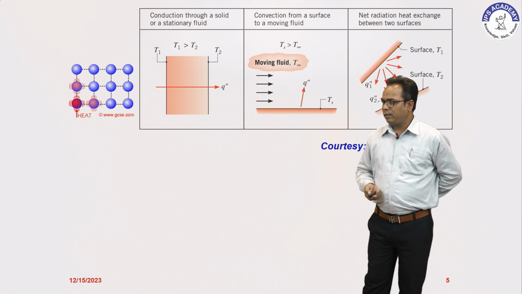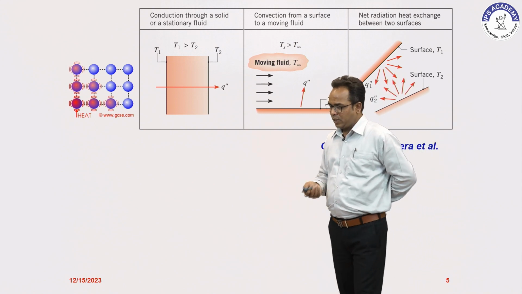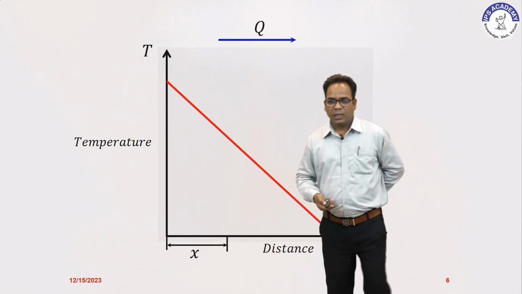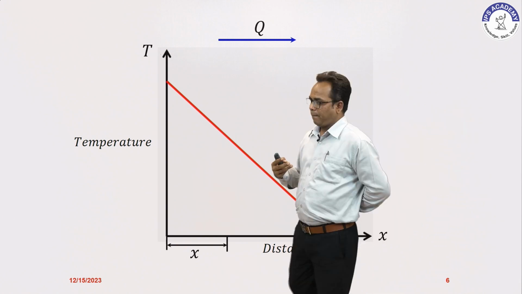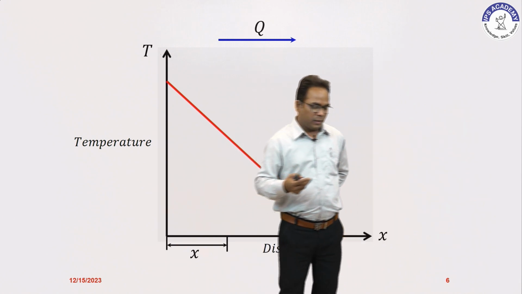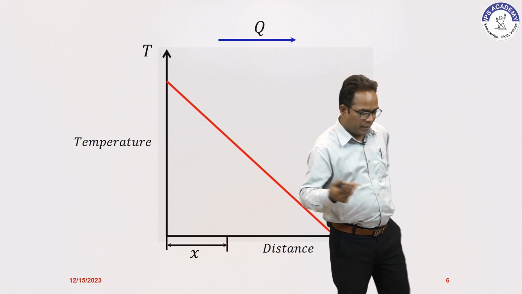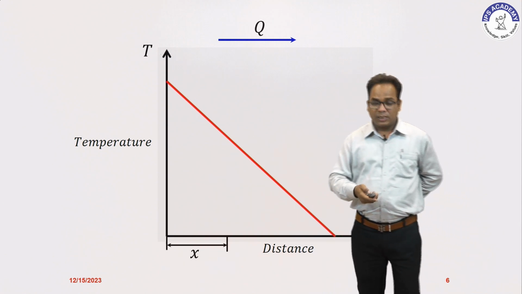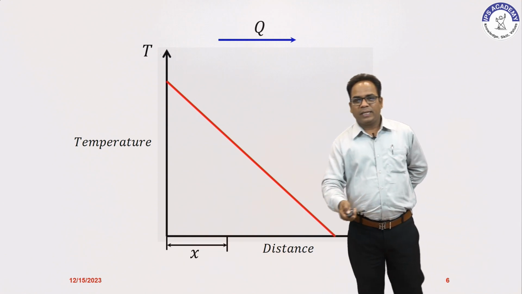As I said, the heat is transferred because of the temperature difference. So let's consider different temperatures maintained at a surface. This is the temperature axis and this is the distance, and this is the origin point.